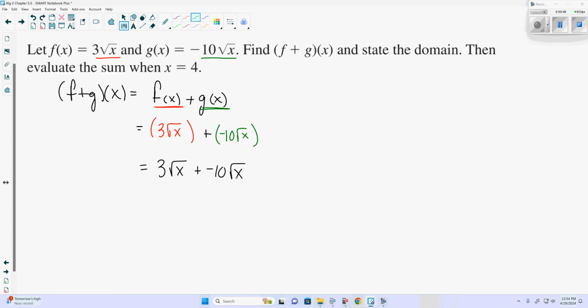So we have 3 square root of x plus negative 10 square root of x, because we can drop the parentheses with plus.